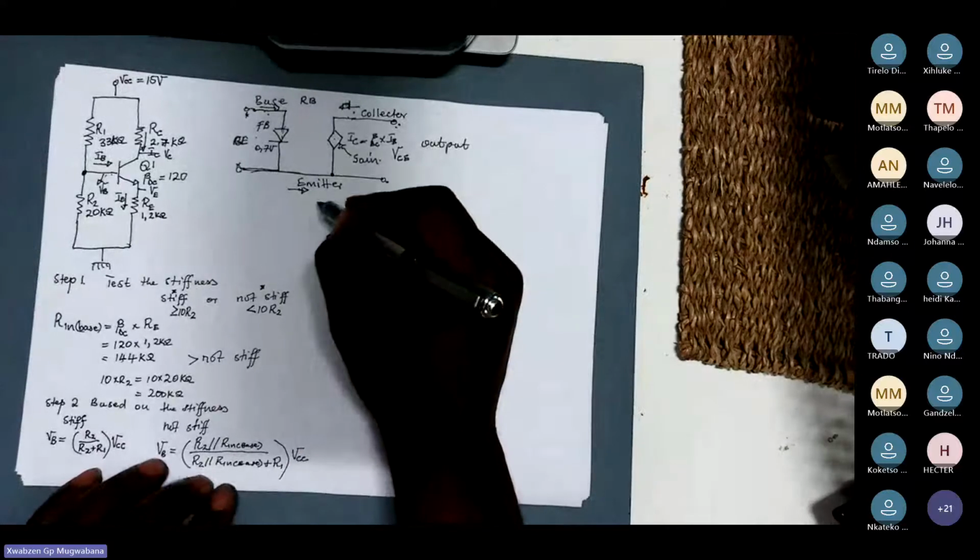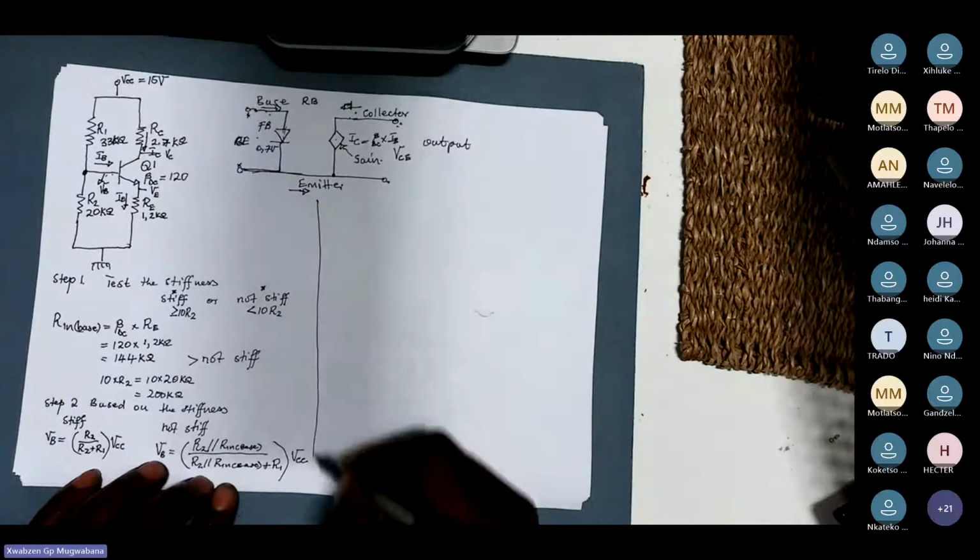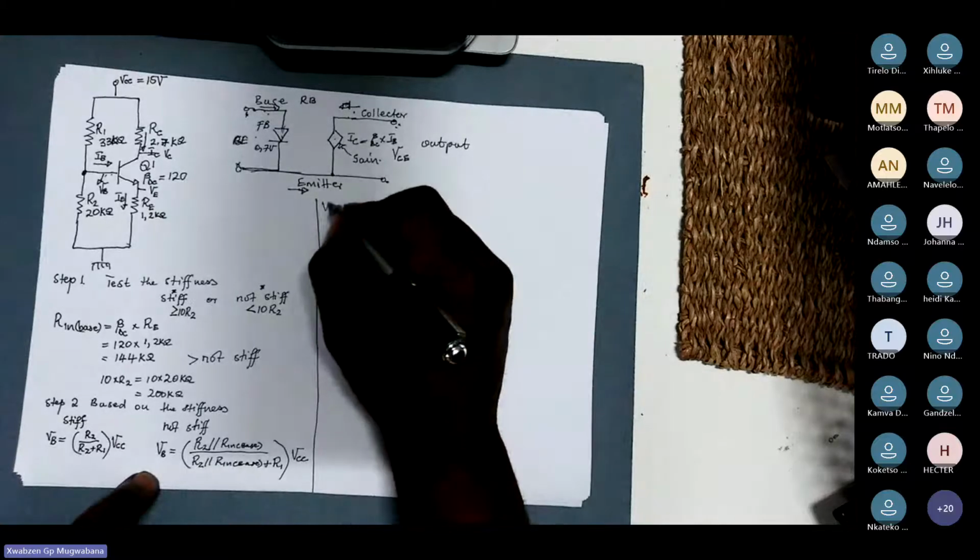Okay, now for me to move forward, let me just write a line there. On step two I am finding VB, but I am finding VB when the transistor is not stiff. Now with this VB, I need to find what is R parallel to R2 parallel to R in base.